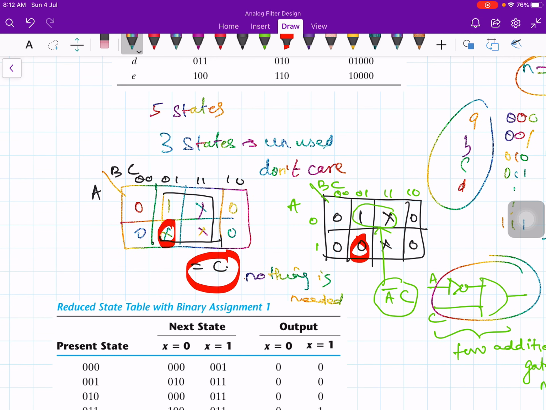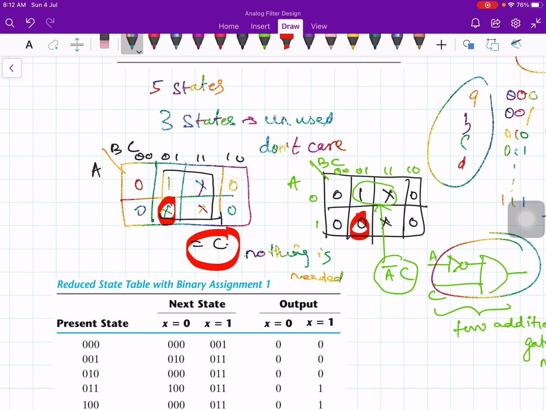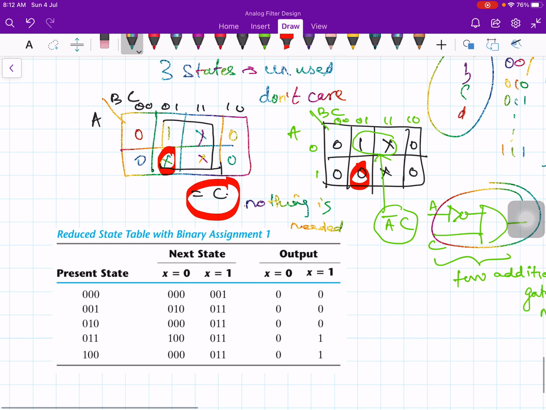Okay, so don't care conditions usually help in obtaining simpler circuits. It is more likely, but not certain, that the circuit with the 5 states will require fewer combinational gates than one with the 7 states. Sometimes it can happen, sometimes it may not. Now there are 3 possible ways one can code the 5 states.